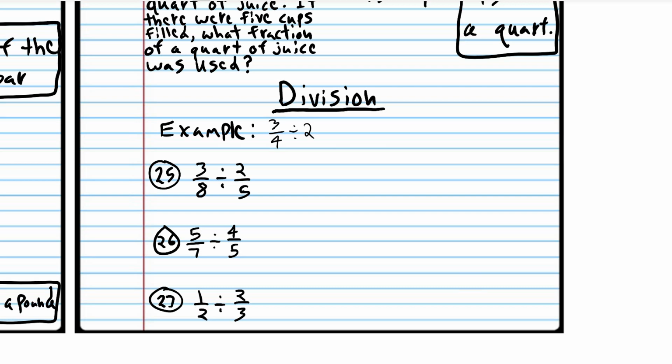Now that's pretty straightforward. That makes a lot of sense because you're just taking 3/4 and you're dividing it into 2 equal parts. You could probably figure that out on your own, but you have to use geometry. Geometry is the only way to figure it out.